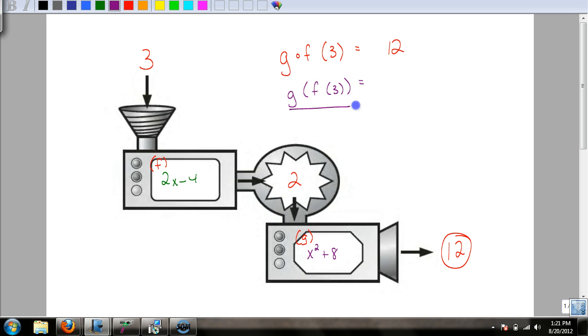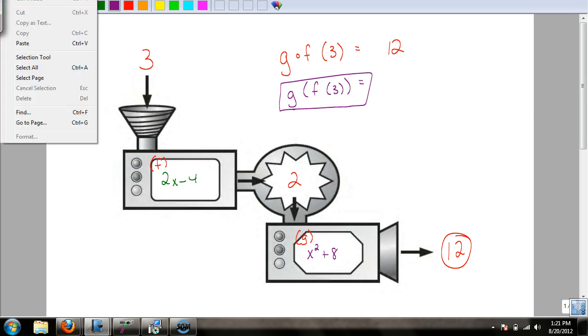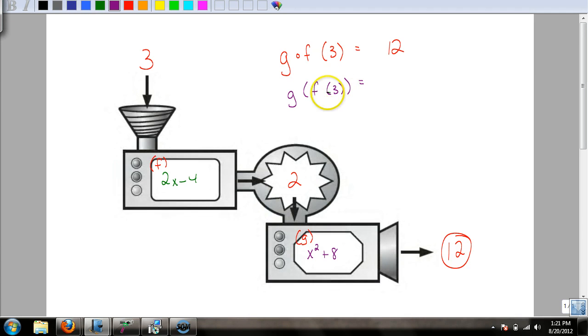Writing it like this tells me that if I work my way from the inside out, meaning from the inside of the parentheses to the outside of the parentheses, I'm going to take 3, put it inside of function f first, take that answer and put it inside of function g last. So let's look at this from a different perspective.